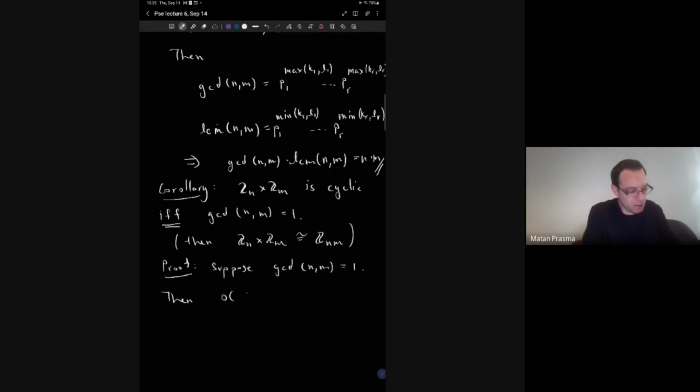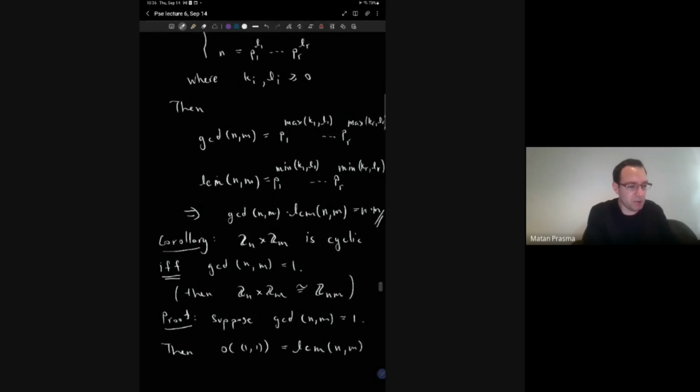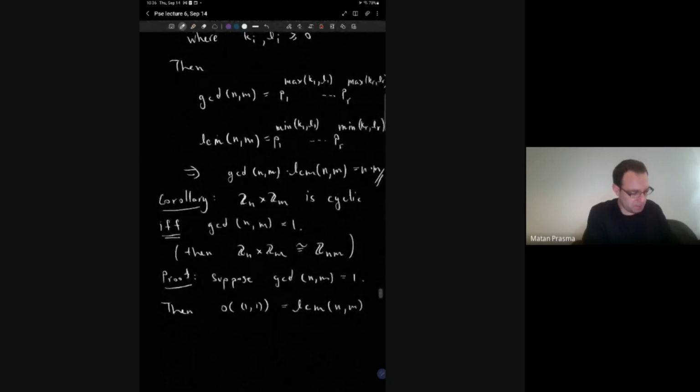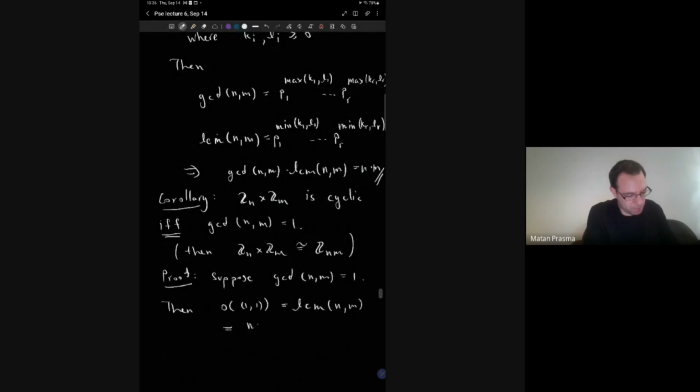Then the order of this element (1, 1), which we know to be LCM of N and M, is simply equal, I mean, LCM is equal to NM over GCD of n and m, but GCD of n and m is 1, so this whole quotient is NM.